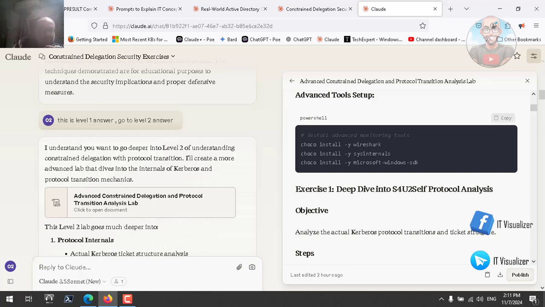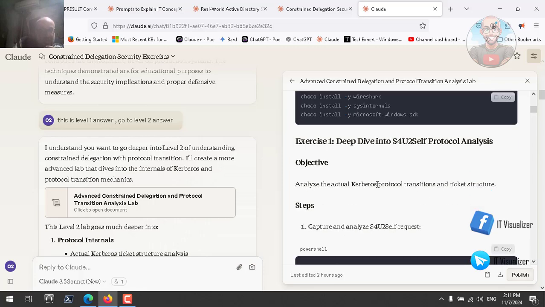So he's talking about taking a ticket, or authentication, then normal authentication without Kerberos, and then taking a ticket from Kerberos. Analyze the actual Kerberos transition, for example, maybe from Kerberos to NTLM. So capture and analyze this process.